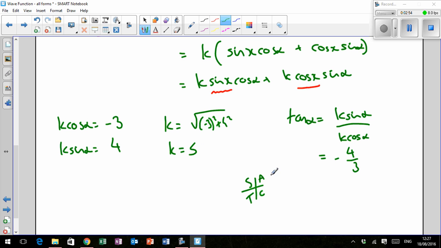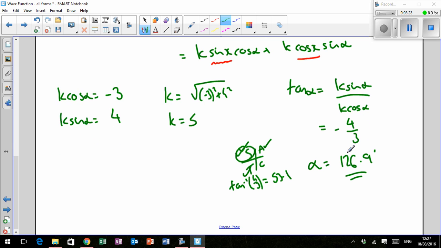So the sine is positive, so let's tick that. Cos is negative, which means we're working in the second quadrant. So we're going to do inverse tan of 4 over 3, which gives us 53.1, which means alpha is 180 minus 53.1, which is 126.9 degrees.